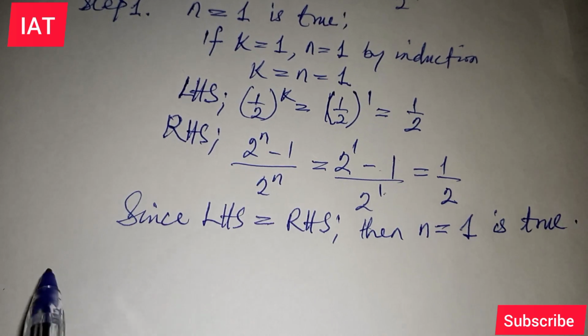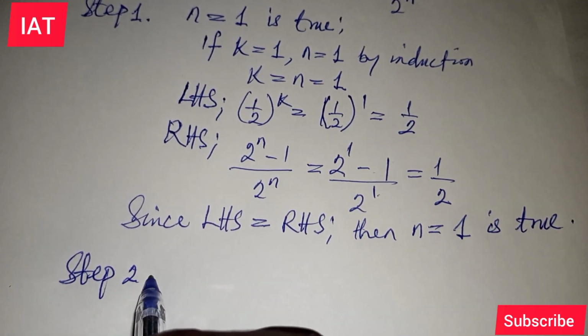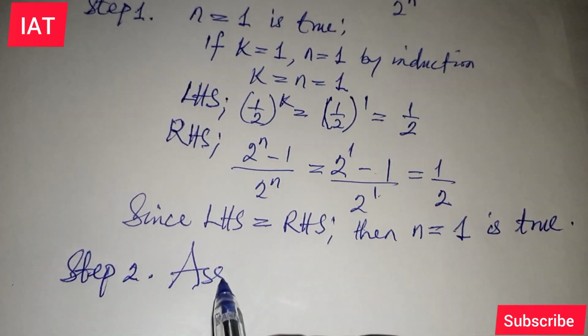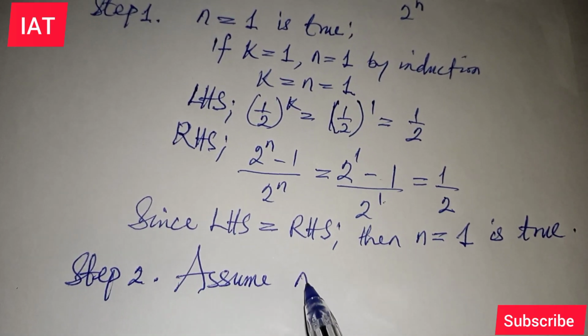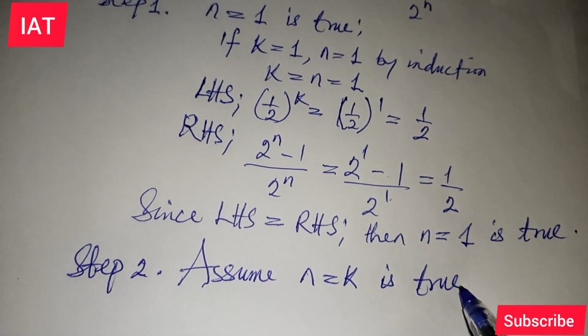Now what about the second step? The second step is the step where we make an assumption. So we're going to assume that n equal to k is true.